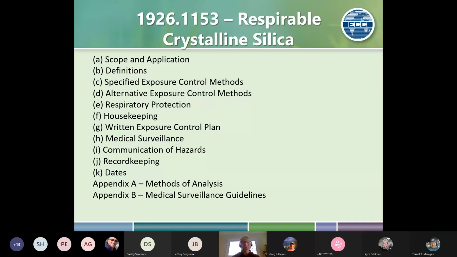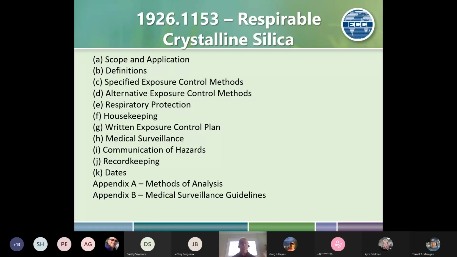It talks about respiratory protection, housekeeping. Housekeeping is really important when we're dealing with mineral dusts. I used to work for OSHA, and I had the opportunity to get into a lot of different industries. And I used to see it quite often where the process itself doesn't lead to high exposures, but the housekeeping is so bad, the dust is allowed to accumulate on surfaces, dry out, and then get re-entrained in the air because of physical processes like forklifts going on.